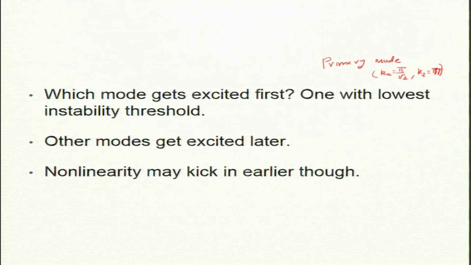Now, when the primary mode starts to grow, we will generate more modes, called secondary modes. Secondary modes can come by instability, as I said, when I increase the Rayleigh number, more modes can come, because other modes also get a chance.